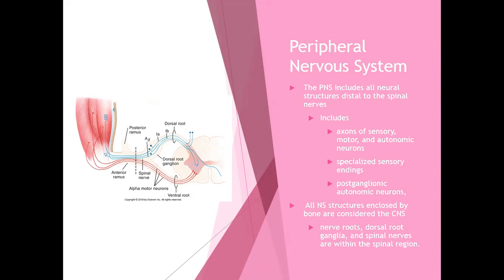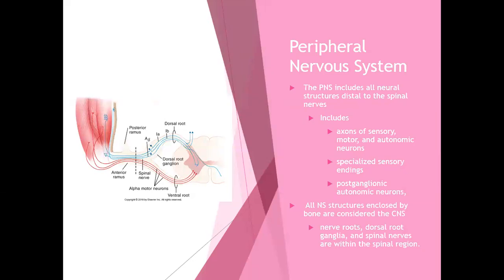So the axons of sensory, motor, and autonomic neurons, those parts of the vertical system, along with their specialized sensory endings, and the entire postganglionic chain of the autonomic neurons form the peripheral nervous system.